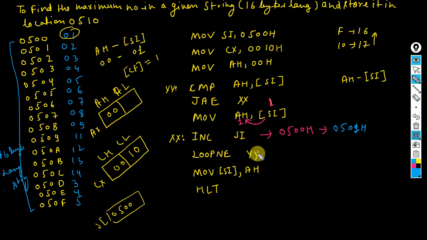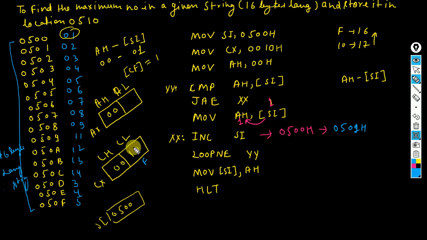Next instruction is LOOP. In this case, LOOP decreases the counter value by 1. Suppose here the CX value is 010, it is decreased by 1, so the next value of the counter is F. Okay, and it checks the condition, loop while not equal to 0. If the CX value is not equal to 0, then the loop will continue and move to the mark label.